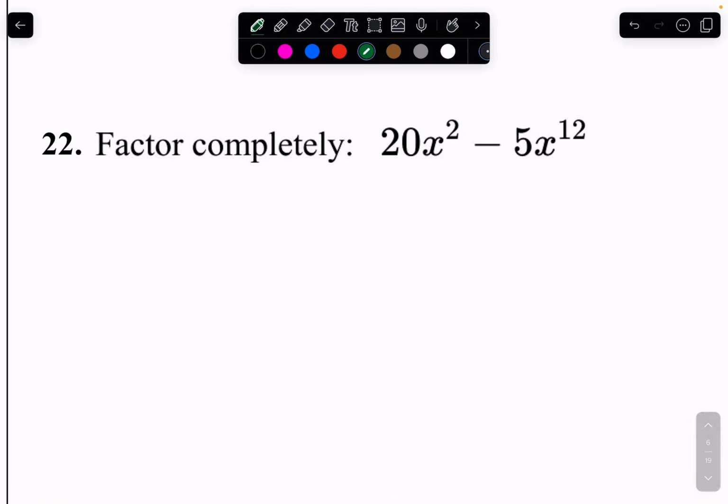So, of course, first step of factoring is always taking out a GCF if there is one. So we look here, I can take out a 5 and an x squared. That's our GCF. So I now get 4, not just 4x there, and x to the 10th.